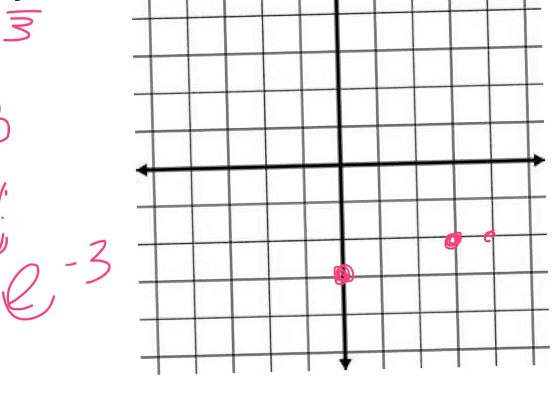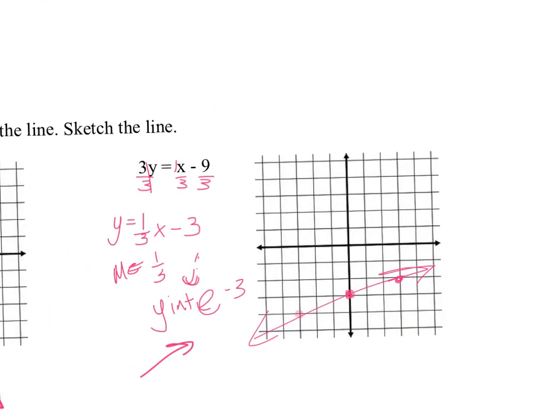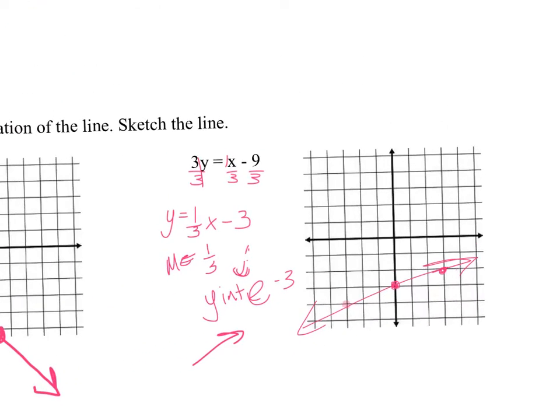If I was going to go in the opposite direction, I would go down 1 and to the left 3. And then my line looks something like this. Does that make sense? Yeah. Okay?